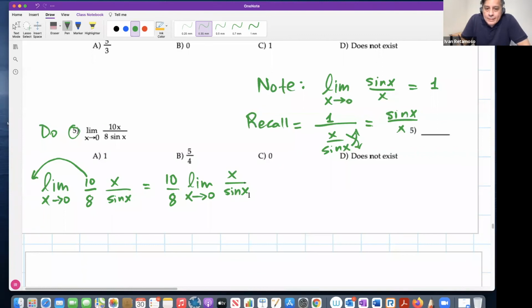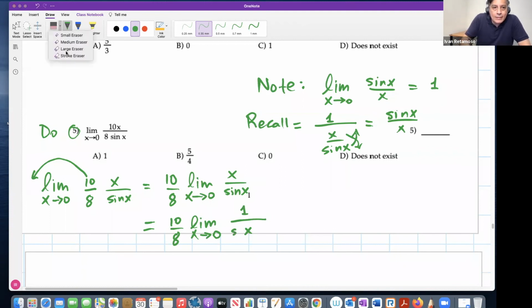So this can be rewritten as follows: the limit as x approaches 0 of 1 over sine of x over x. It's very nice and clear here. This gives you this.